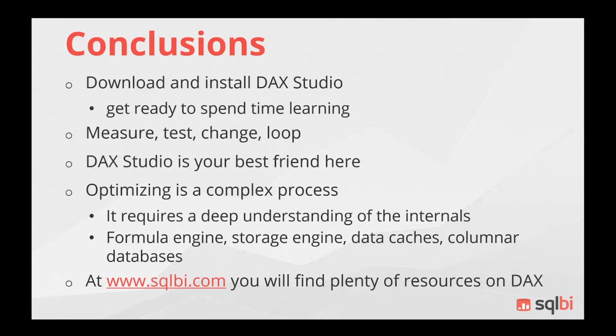DAX Studio is your best friend. Optimization is a complex process, but it's also fascinating. It's beautiful to see how small changes in your code actually have a strong impact on the performance of your model.